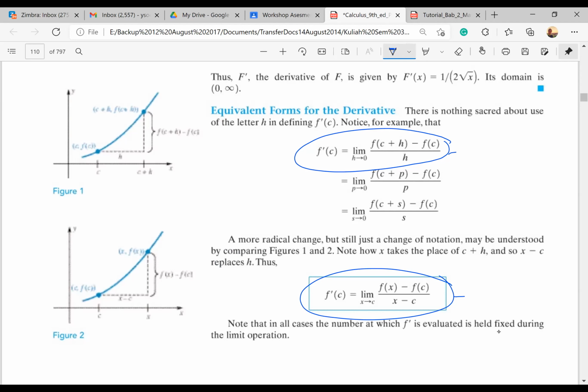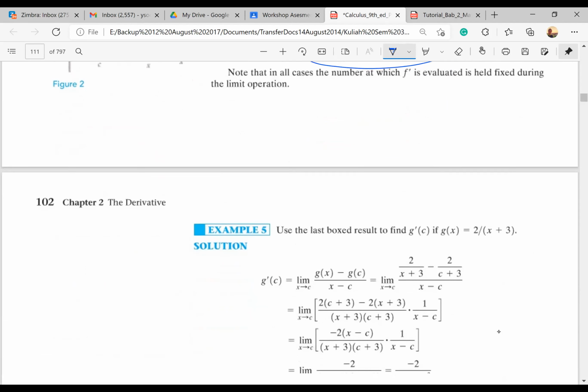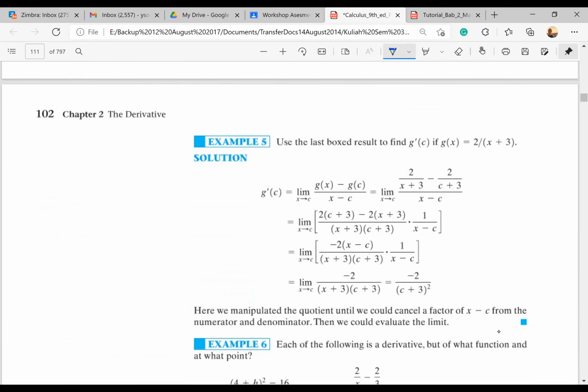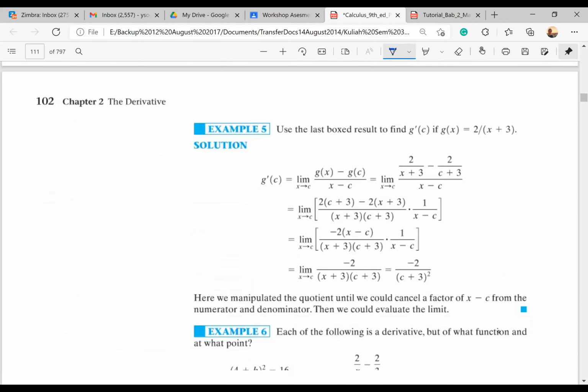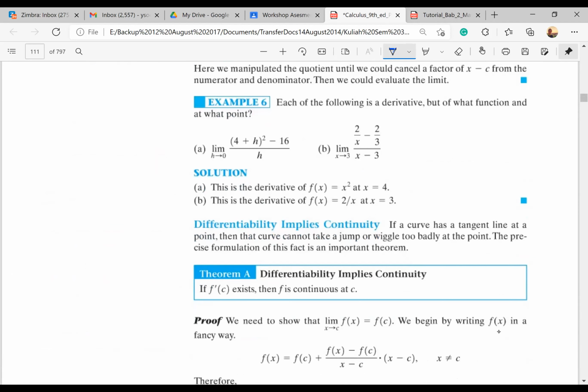And let's do some problems related to this. Let's do some formulas first. We'll return to these kinds of questions. Differentiability implies continuity. We passed this one.